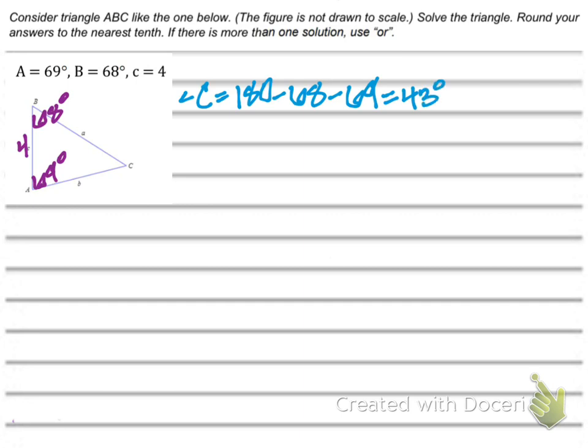So now I have this 43, and so I have an angle and the side opposite. So this is what I call my base ratio. This is how I'm going to start using my law of sines, because law of sines says the sine of the angle over the side opposite, right?